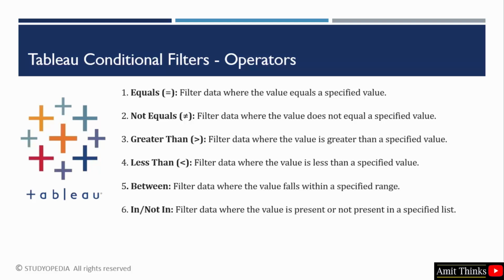Similarly, we have other operators also like not equals, the opposite of the equals. Greater than means greater than a specific value. Less than means less than a specific value. Between means a range. In, not in means where the value is present or not present in a specific list. Okay, when we'll see the example, then the things will be more clear.